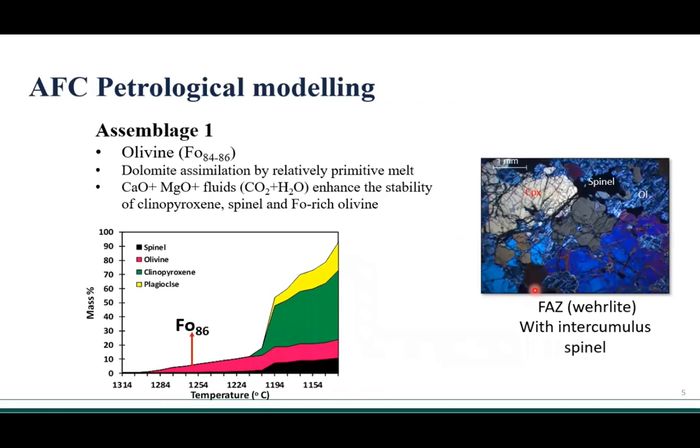The phase equilibrium simulations show that the olivines that have very high forsterite content were derived by dolomite assimilation by a relatively primitive melt, and this melt is therefore at high temperatures to be able to liberate large quantities of calcium, some magnesium, and some fluids, including carbon dioxide and water.